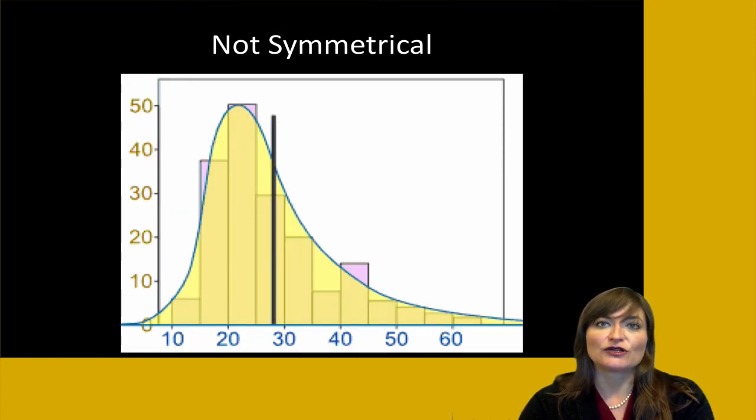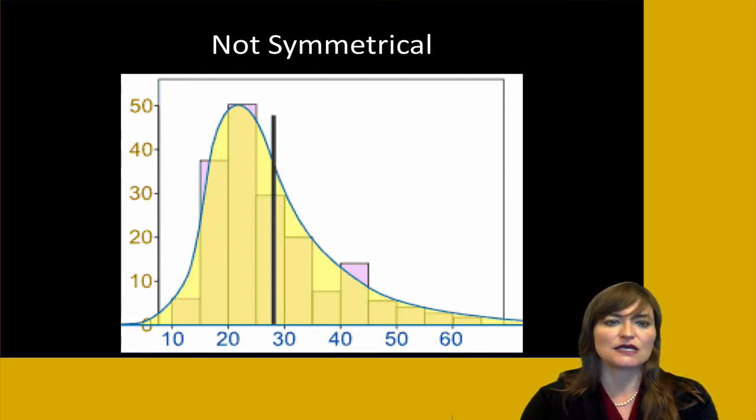So we've talked about the center of the data and the spread of the data, and we've also talked a little bit about symmetry, and I've shown you a few distributions which looked really very symmetrical, so I wanted to show you one that clearly doesn't look symmetrical. You can see here that this is clearly not symmetrical.